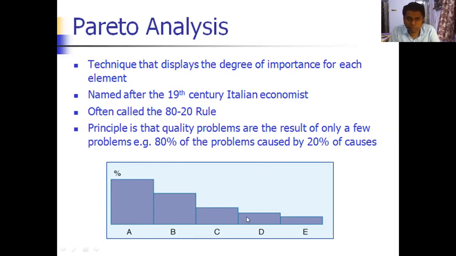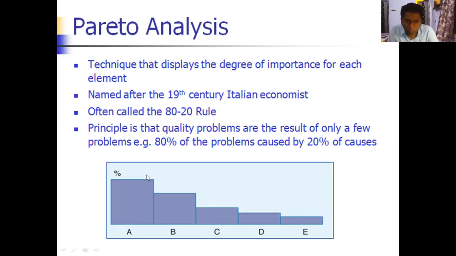For example, you can see here that suppose if you think about the E, so if this is a cause of your quality loss, you can see that the contribution of E to the quality loss is very less, or it is least.